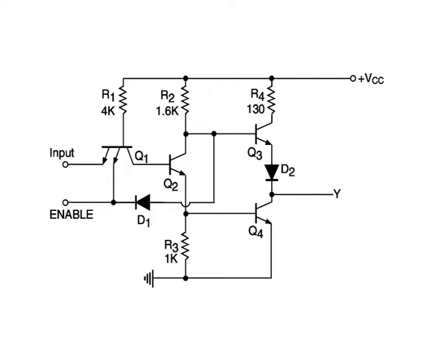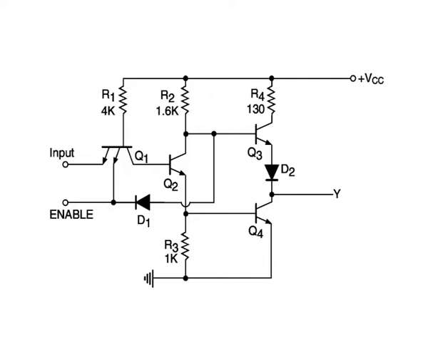When the enable input is high, it reverse biases diode D1 and also applies a logic high on one of the emitters of the input transistor Q1. The circuit behaves like an inverter. When the enable input is low, diode D1 becomes forward biased.